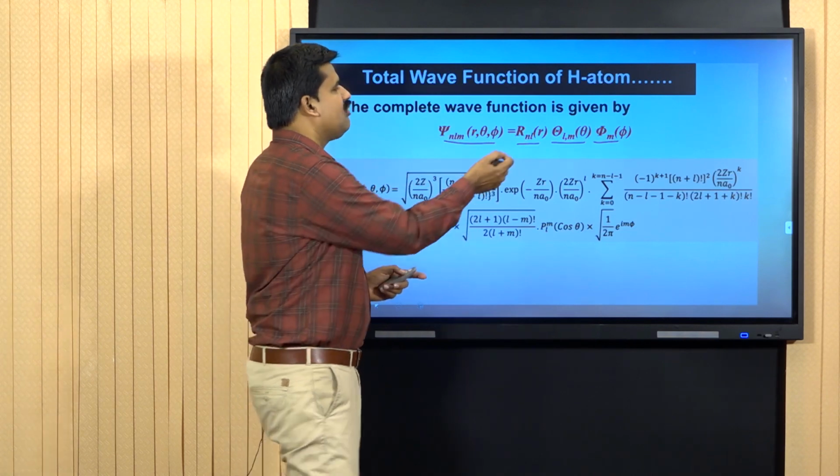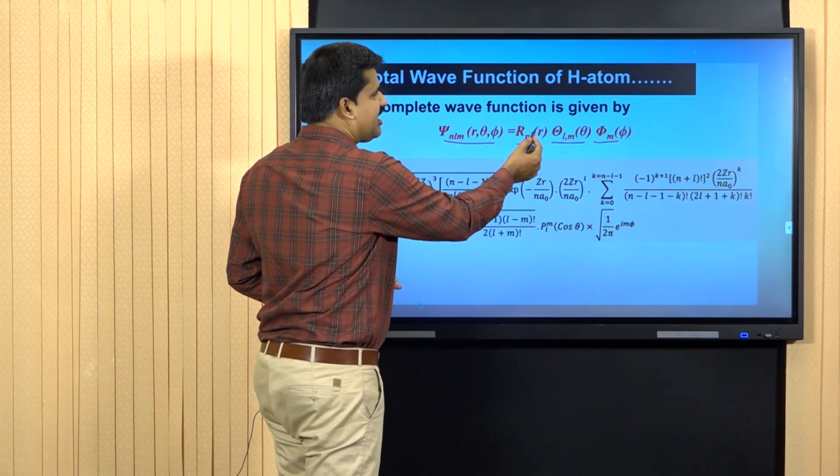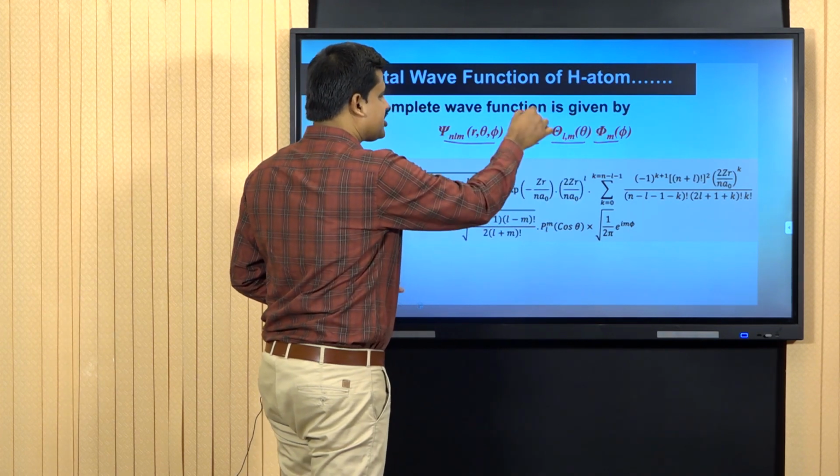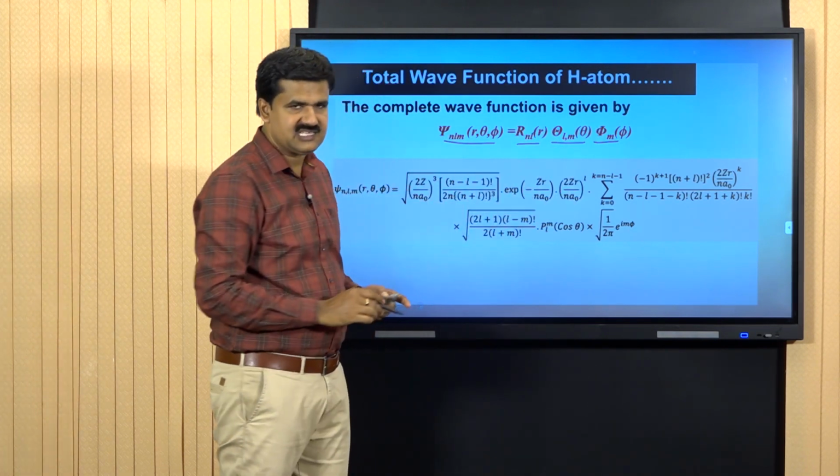We can put values corresponding to R n l (r), Theta l m (theta) and Phi m (phi) in this equation to get the big equation like this.